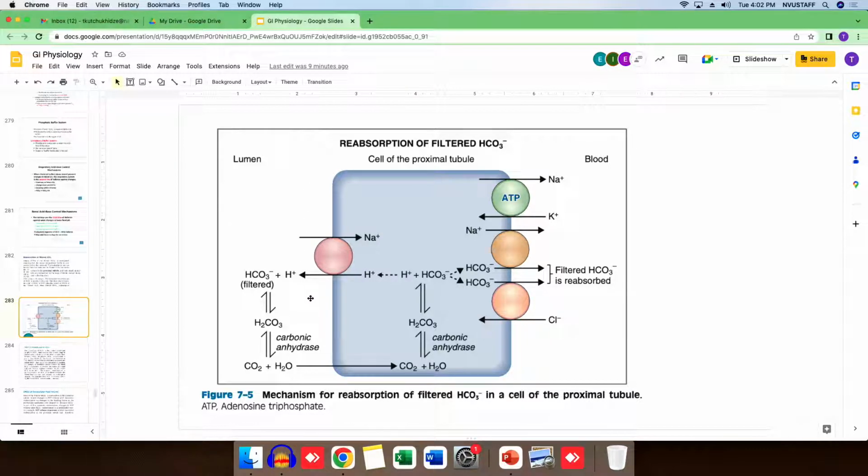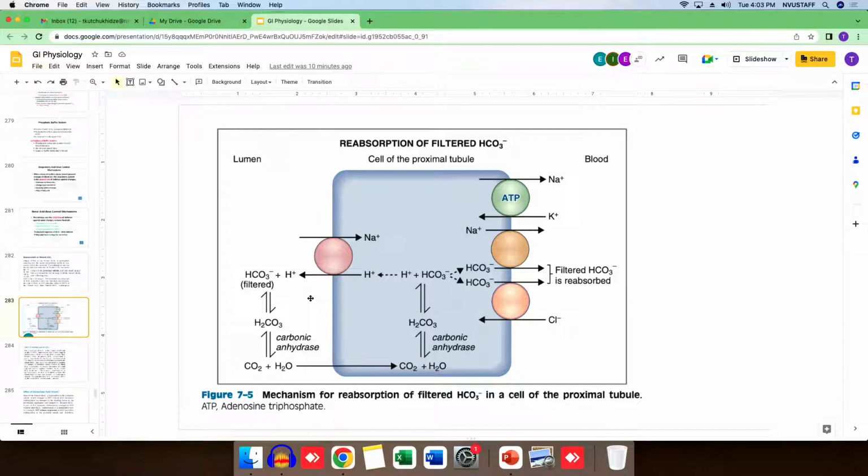Okay, so we reabsorb the bicarbonate. What will happen with the partial pressure of CO2? PCO2, what will it be? Why increase? It will increase.